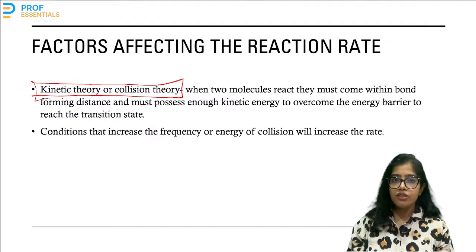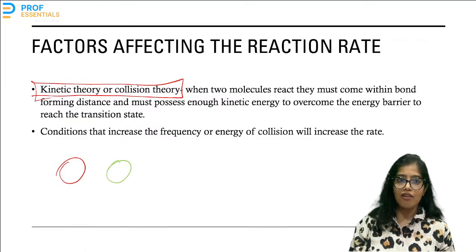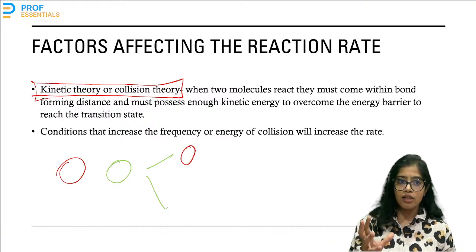This theory states that for two molecules to react together, there are prerequisites. One is that they must come near to each other, so near that they are within bond forming distance.